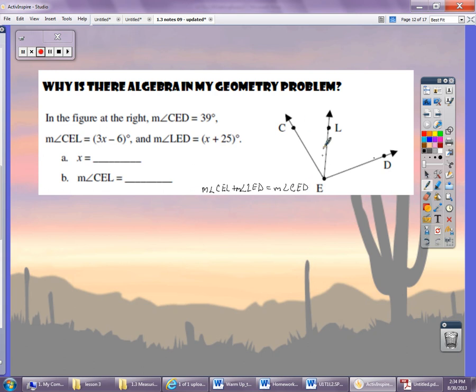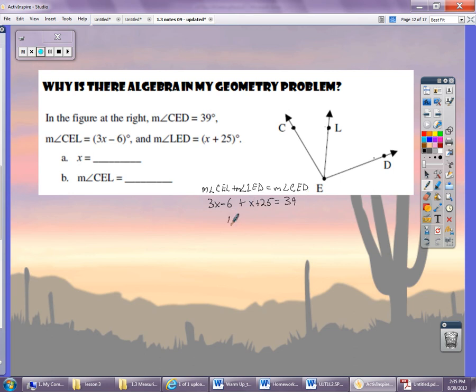So we know that this angle plus this angle equals the entire thing. So we have 3x minus 6 plus x plus 25, and it's going to equal 39. So now we have our equation, so we can solve for x.